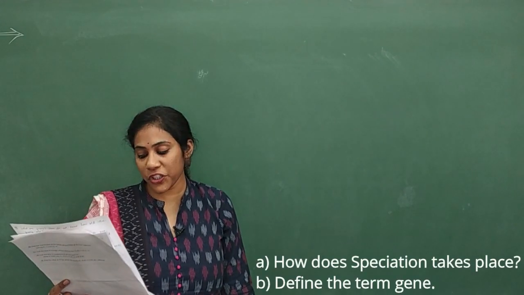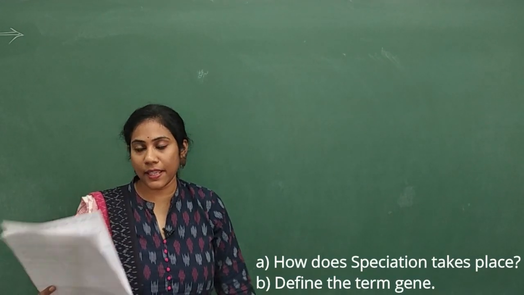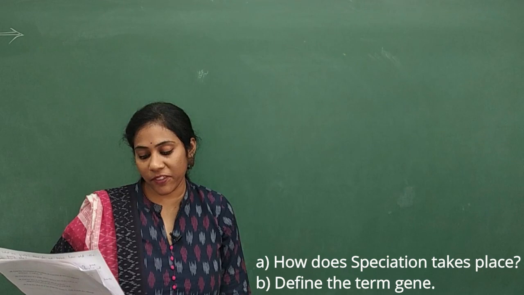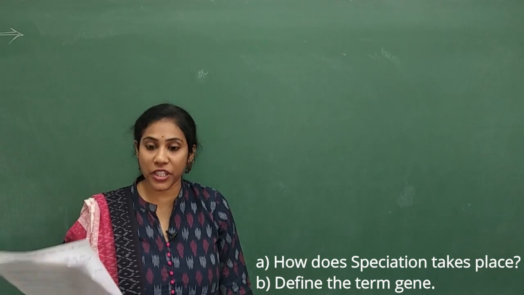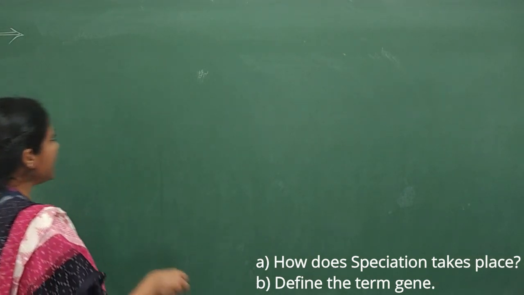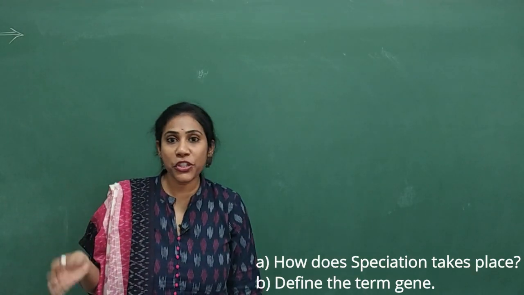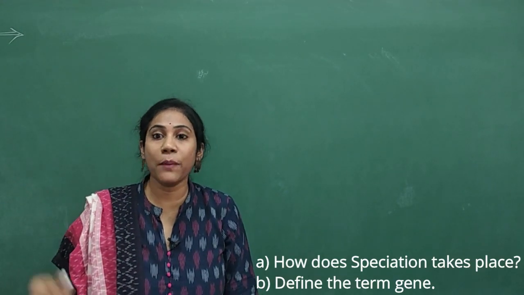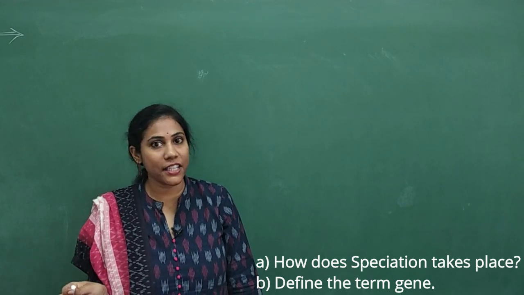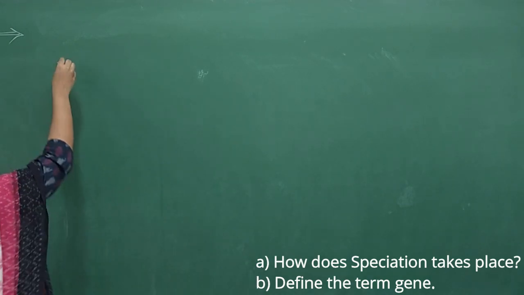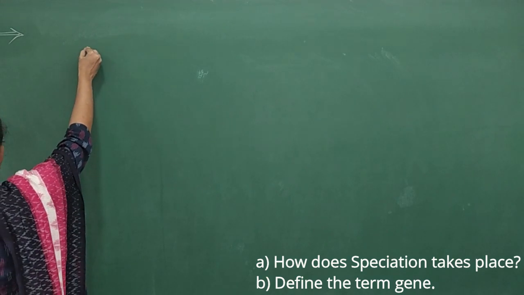How does speciation take place? First sub question. And the second sub question was define the term gene. Say, how does speciation take place? What do you mean by speciation, guys? Formation of a new species from older ones is called speciation. So what are the different ways you can observe speciation?